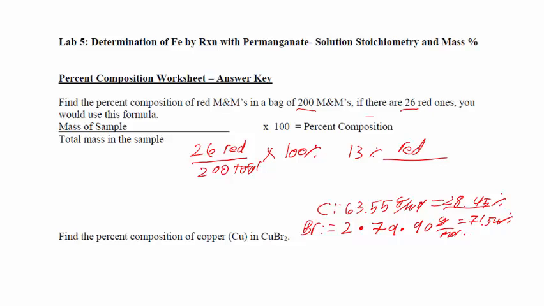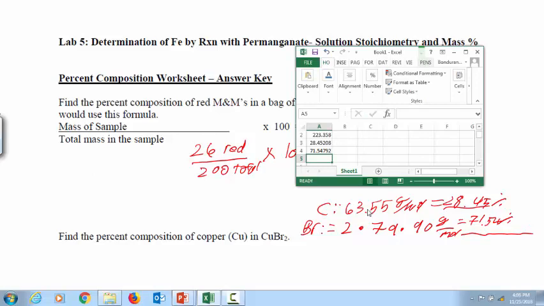And if we add this up, we should get 100. Let's see. This plus this, and we get 100%, which figures. And it makes sense because bromine, being heavier and being two of them, should be a lot more bromine there than copper.